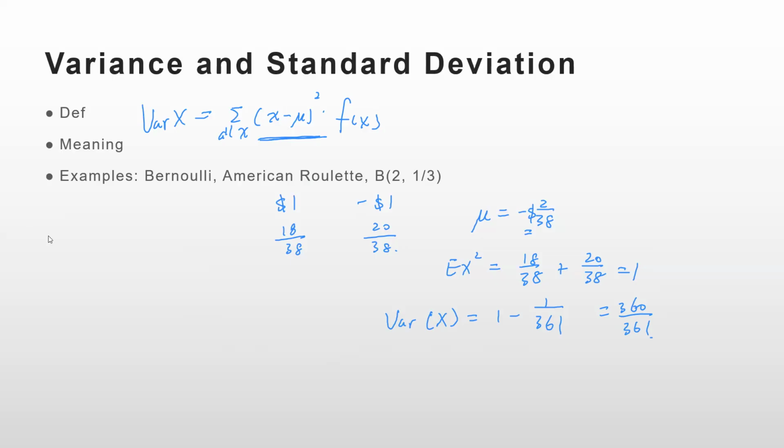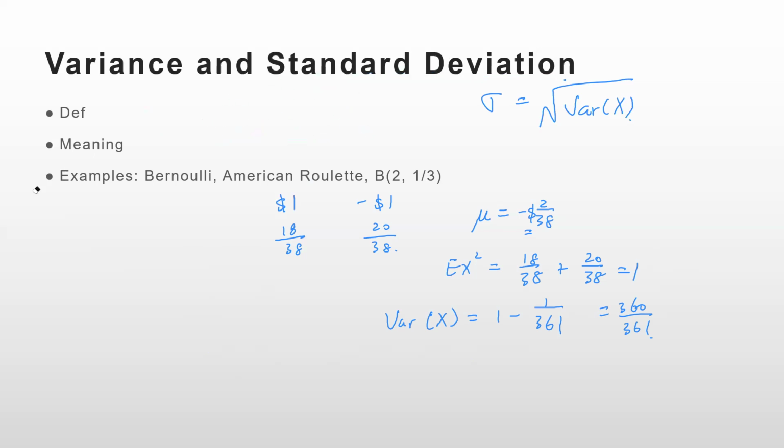So that leads to another concept, which is called standard deviation. Standard deviation, usually denoted by sigma, is defined to be the square root of the variance. So now the units will be the same.